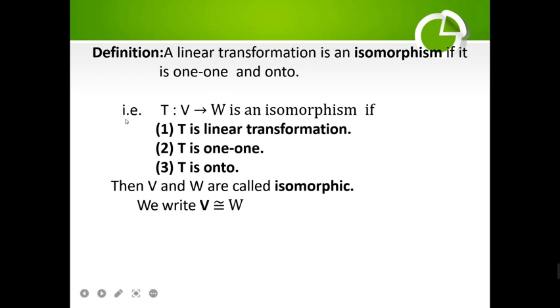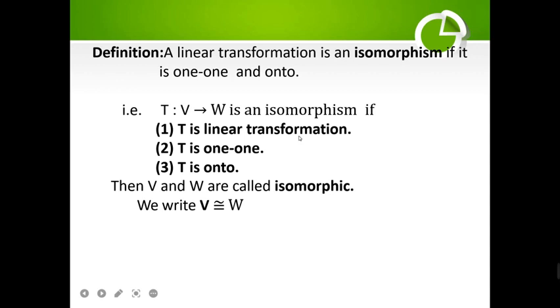For this example, T from V to W is an isomorphism if T provides these three characteristics. Number one, T is a linear transformation, number two, T is 1-to-1, and number three, T is onto.